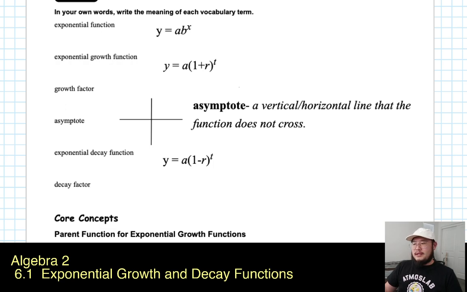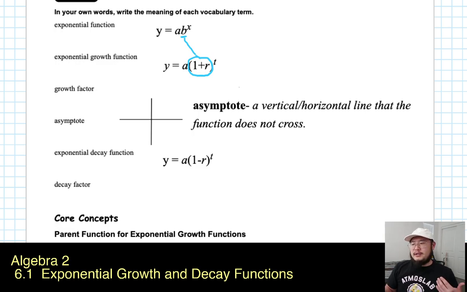Well, that 1 plus r happens to be your b value. So taking a look at this right here, we should now realize that this 1 plus r right there is the same as your b. And then it is raised to the t power.